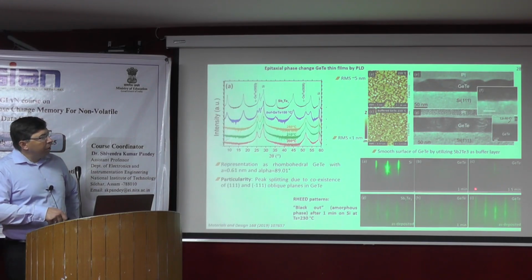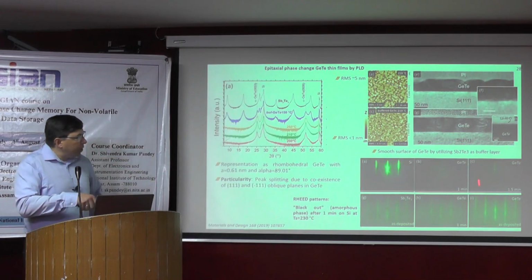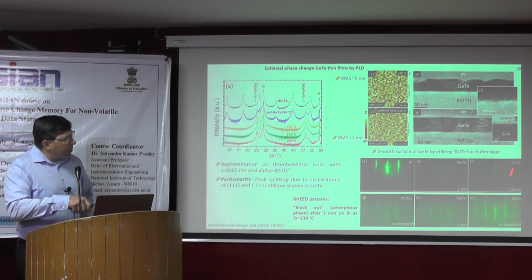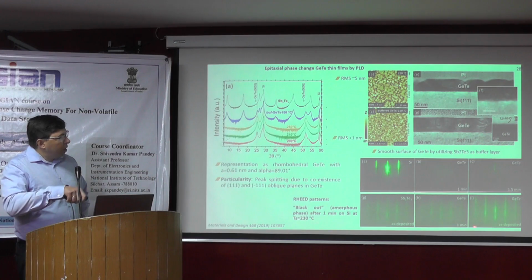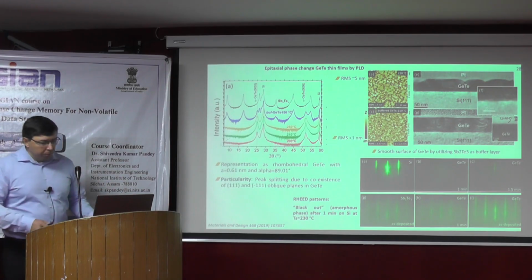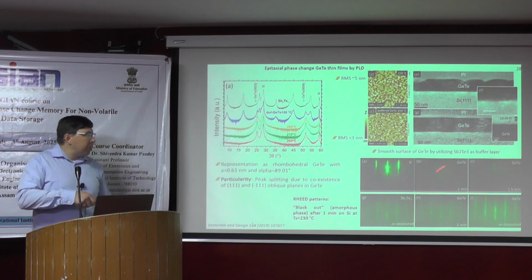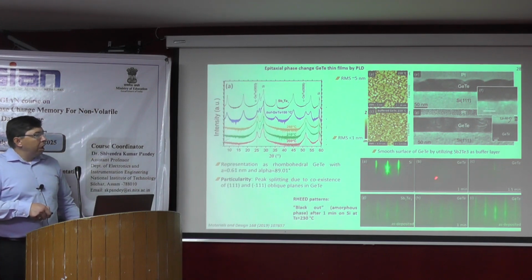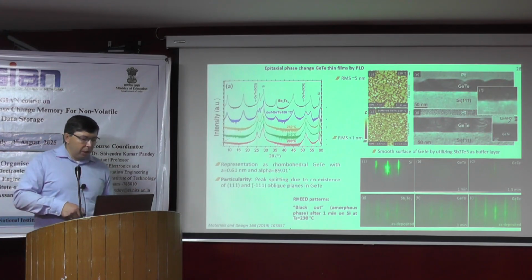And then after 1.5 minutes, you can see that some streaks are forming, and after deposition you see the as-deposited film with many streaks. So here there is a formation of a metastable state, maybe amorphous, and then this amorphous phase is crystallized into the crystalline phase.